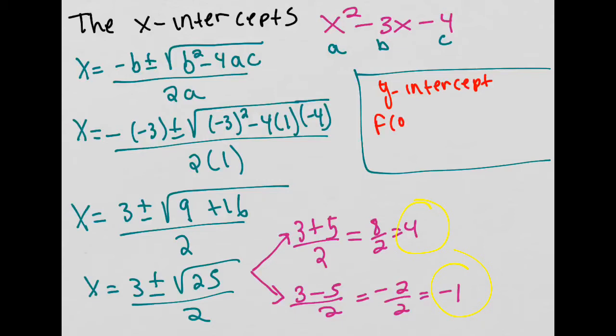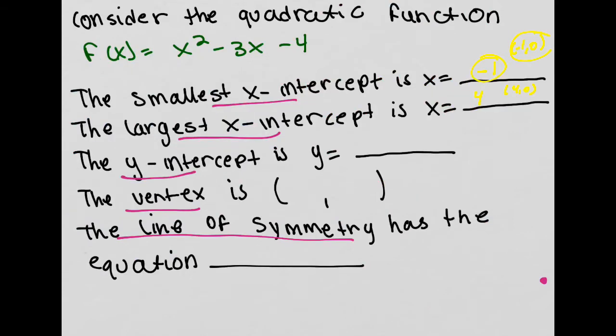So f of x equals, x is 0 now. So this cancels, and f of x equals negative 4. So the Y-intercept is negative 4, and again, you're going to double check in case you want it as a coordinate point.